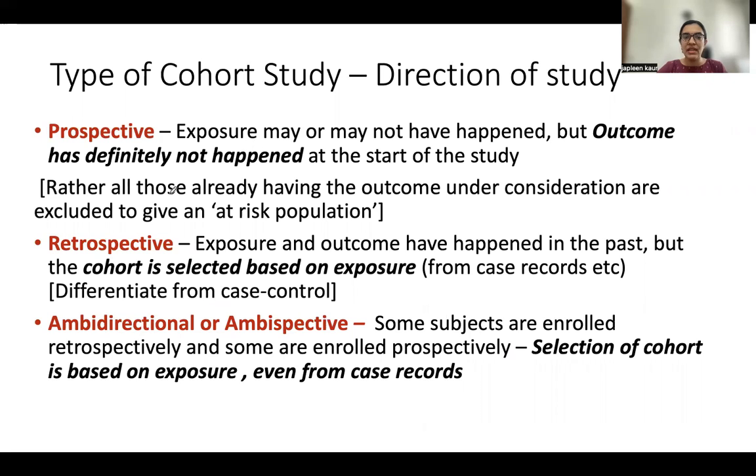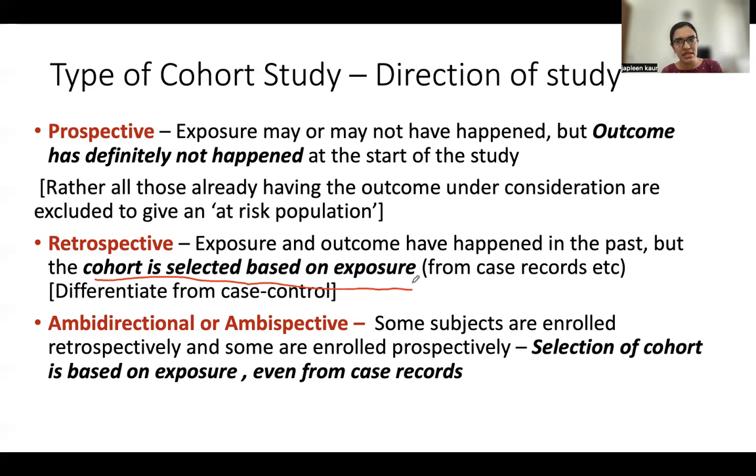While in a retrospective study, the exposure and outcome have happened in the past, but when you are selecting the cohort, you are selecting it based on the exposure. So even if you open the case records of patients who had hypertension and you want to see whether they went on to develop coronary artery disease, you will search the case records based on the presence or absence of hypertension, right?